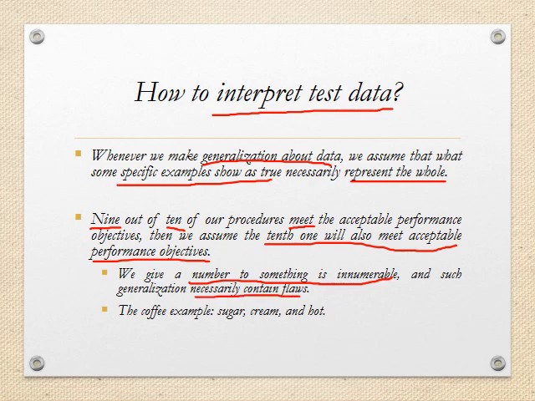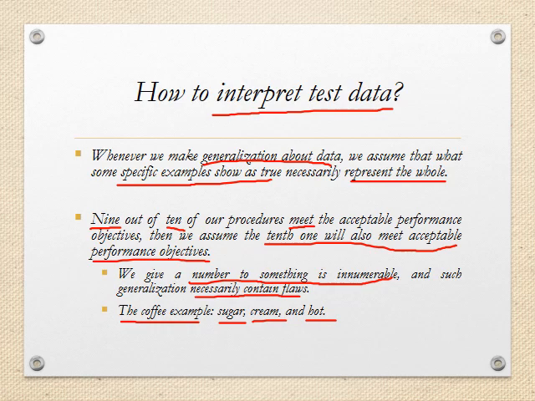For example, we have a simple example, we call it the coffee example. Most people say a good cup of coffee contains sugar, cream, and is hot. And that's not true for everyone. Sometimes people like it black, just the coffee, no need for sugar or cream.